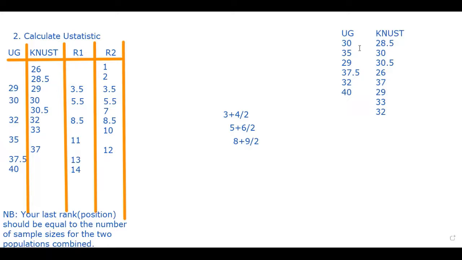Yeah. And after that, you have to count the sample size for Eugene, and you count them here if they are okay. So the Eugene was 6. 1, 2, 3, 4, 5, 6. Okay. Kenya is 8. 1, 2, 3, 4, 5, 6, 7, 8. Correct. Okay. So we now sum up R1 and R2.